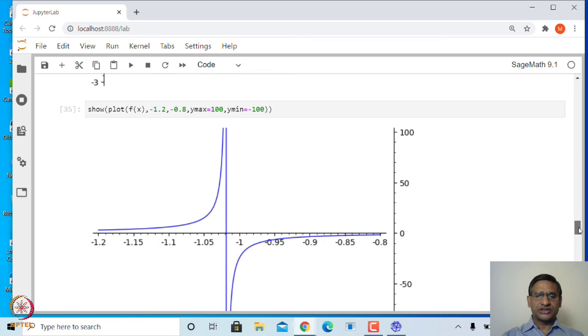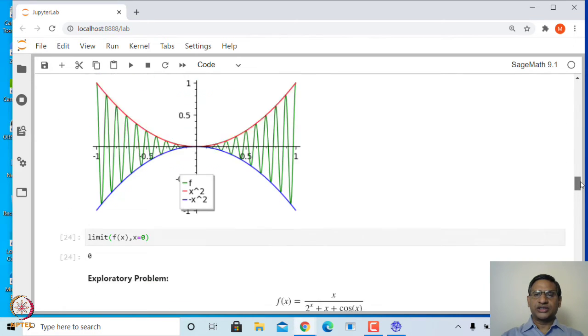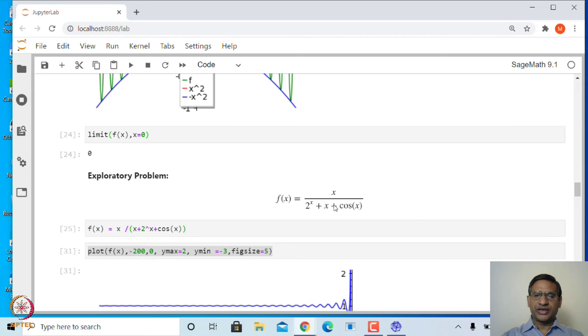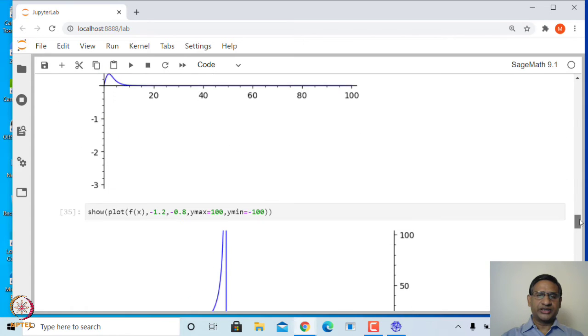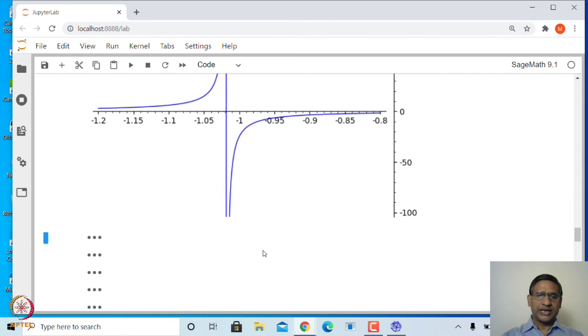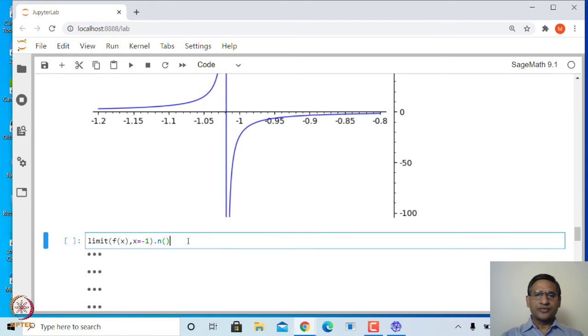So, how do we find the point at which this behavior is happening? That is exactly a point where the denominator is becoming 0. So, let us find out the point at which the denominator is 0. How do we do that? First of all, at minus 1 the function does not have a problem.